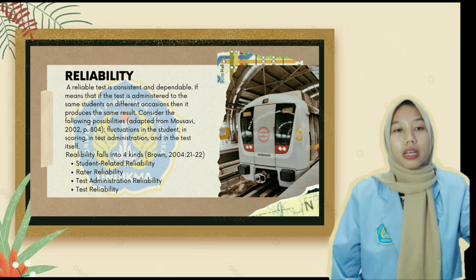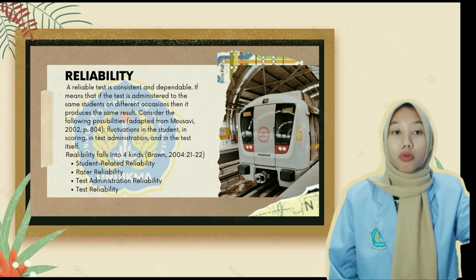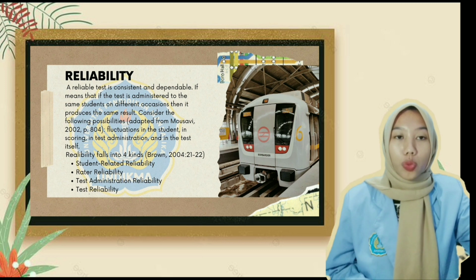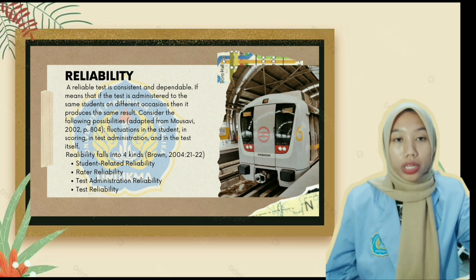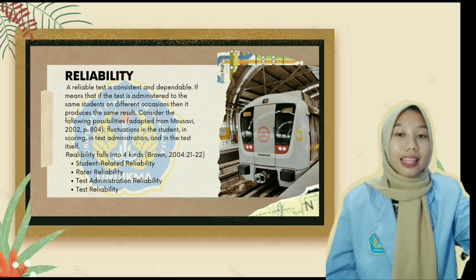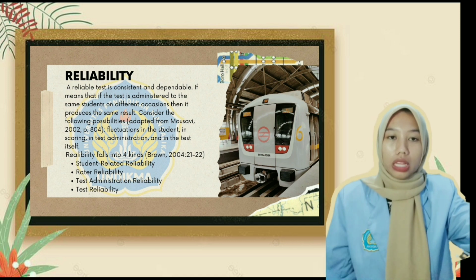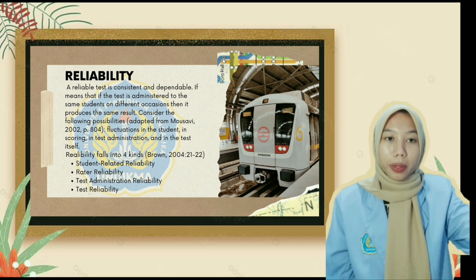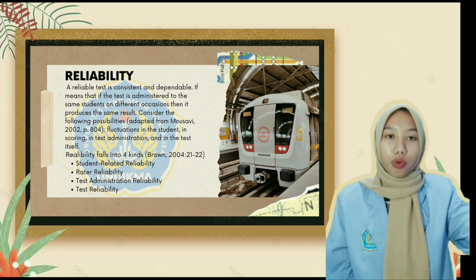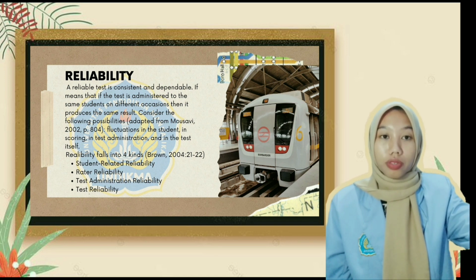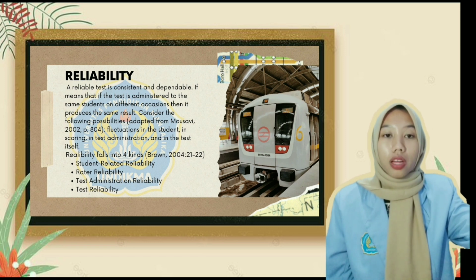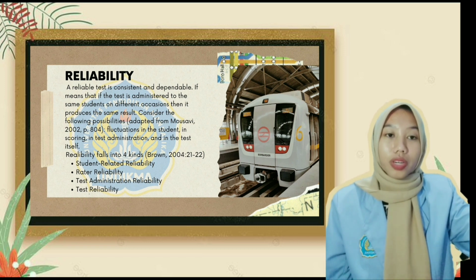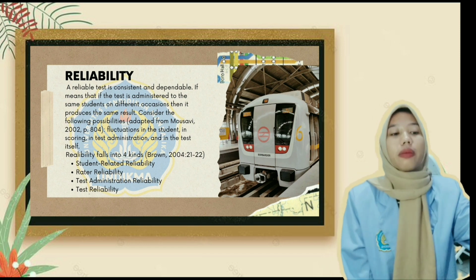Consider the following possibilities, adapted from Mousavi, 2002: fluctuations in the student, in scoring, in task administration, and in the task itself. According to Brown, 2004, reliability falls into four kinds: student-related reliability, rater reliability, task administration reliability, and task reliability.